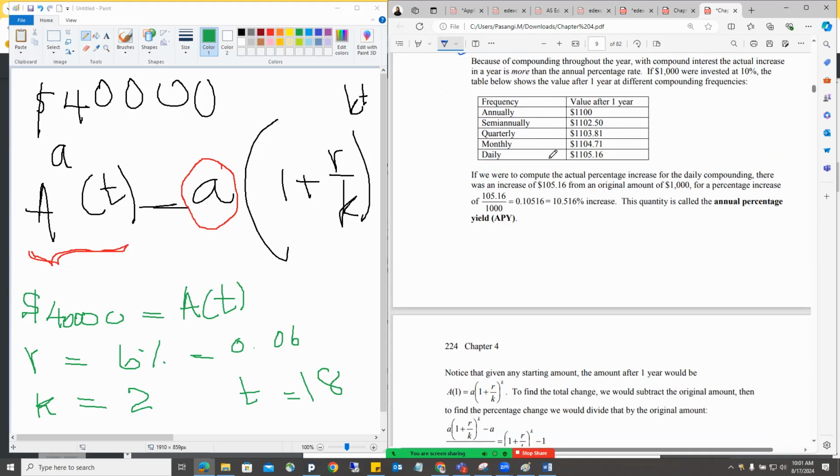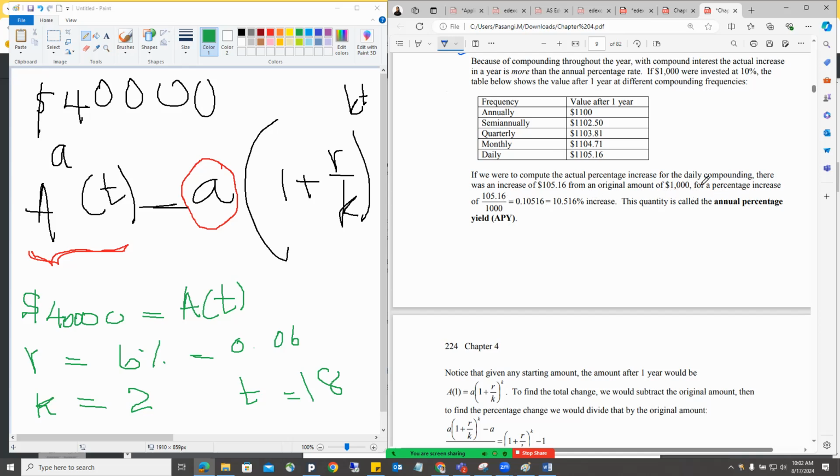Okay. So if we were to compute the actual percentage increase for the daily compounding, there was an increase of this amount from an original amount of $1,000 for a percentage increase of.